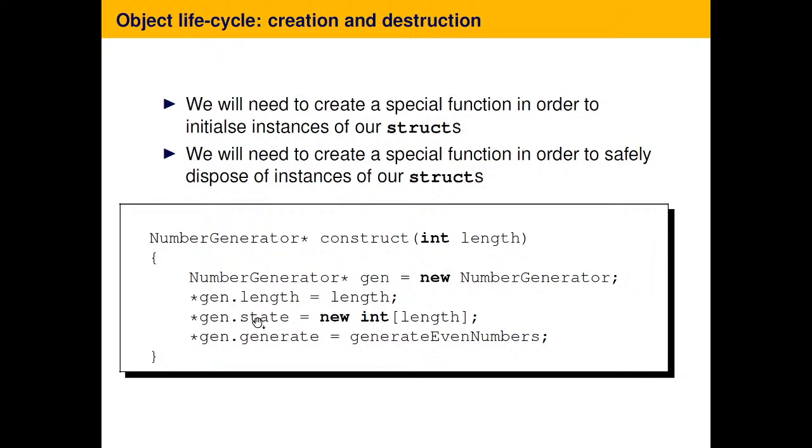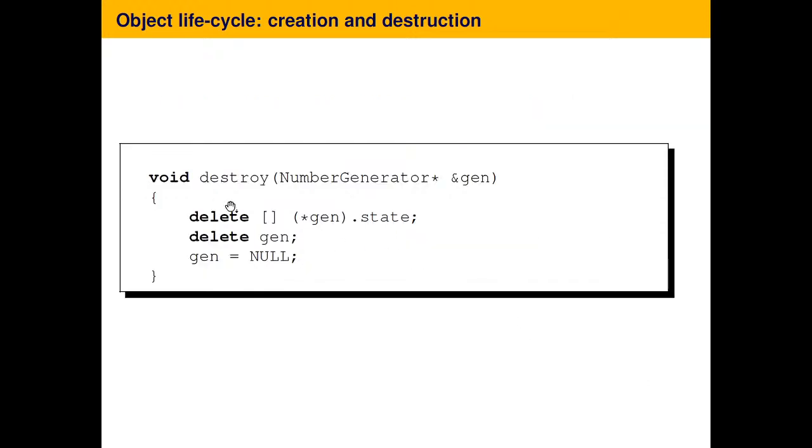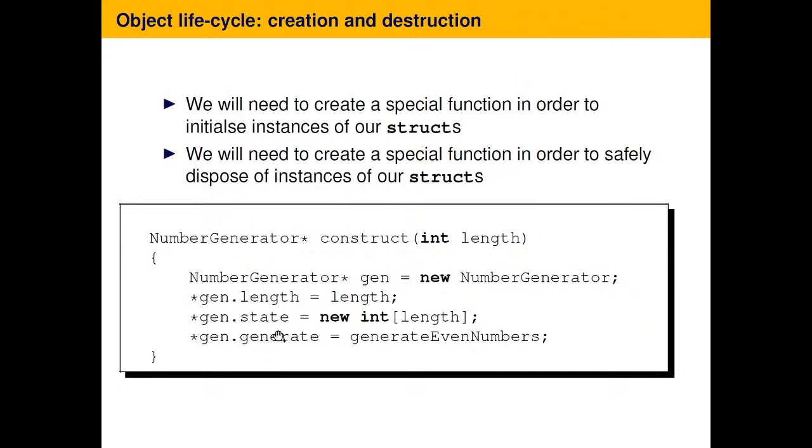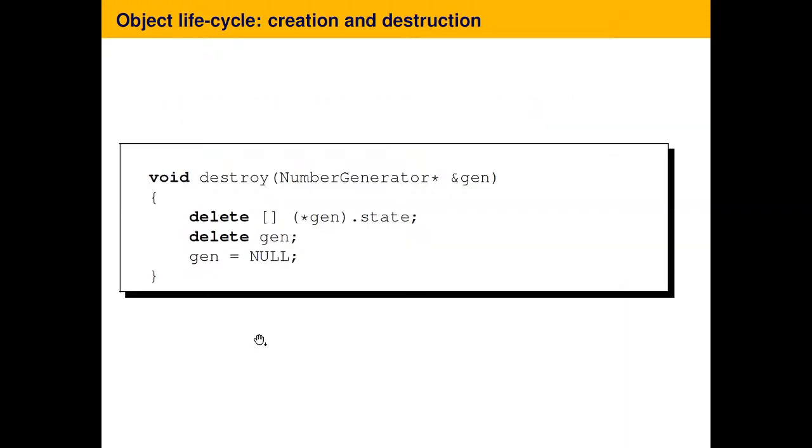If we want to set the state array, we have to first dereference it, then dot, and allocate the memory for it. And if we want to set the function pointer to the address of some function, we have to dereference, then dot. You can optionally also add an ampersand there. It doesn't make a difference. I typically will, but this generate even numbers is a function somewhere that will generate even numbers. So there is some implementation of a function associated with this function pointer that we can get to if we call the generate member of a number generator.